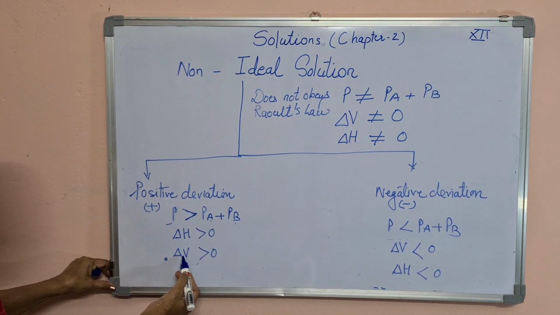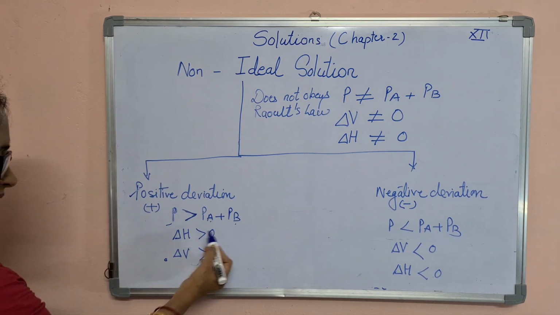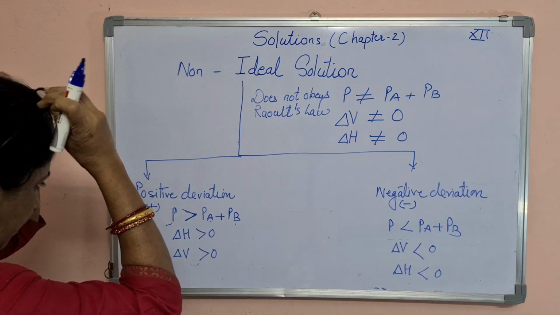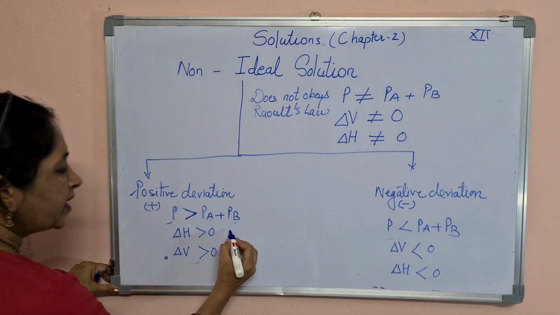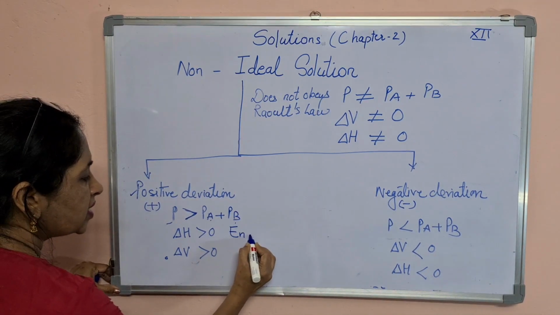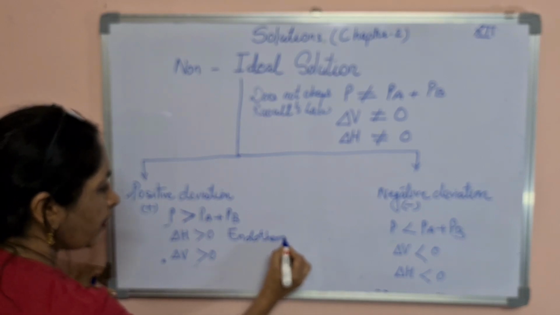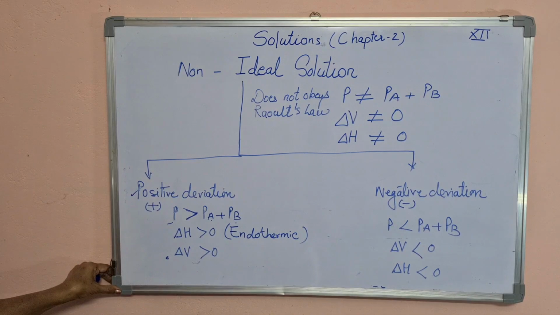Third, delta V is greater than 0. Delta H greater than 0 means that delta H will come out positive, and it means that the reaction is endothermic in nature, as the value will come positive.